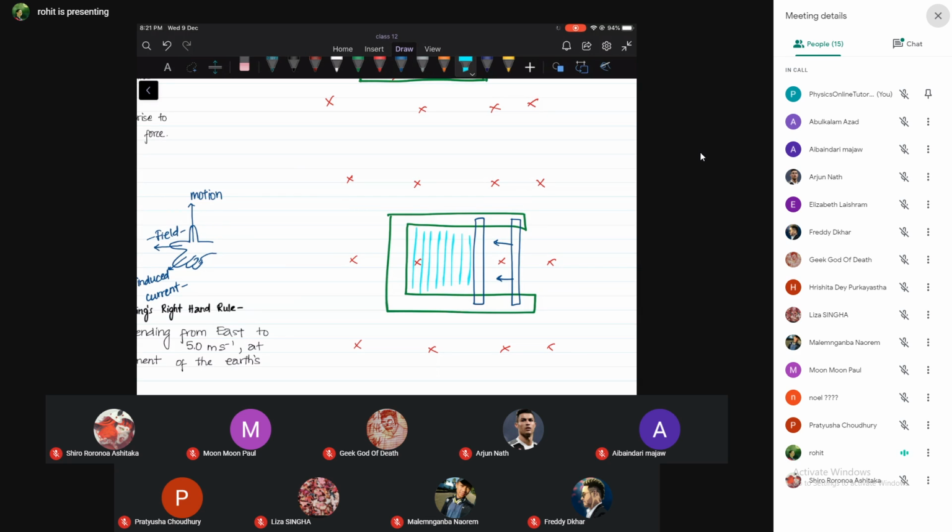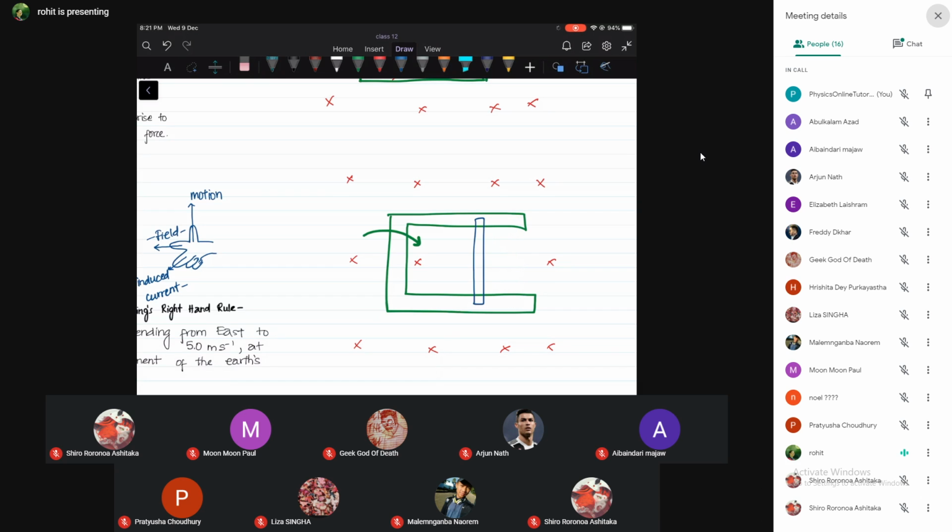So the amount of area enclosed is becoming smaller and smaller, right? So you tell me now, what is above this face? A north pole or south pole? A north pole, right? So this entire face, what do you think? Is it facing more and more north pole, or less and less north pole? It is facing less and less north pole, because the entire area is getting reduced.